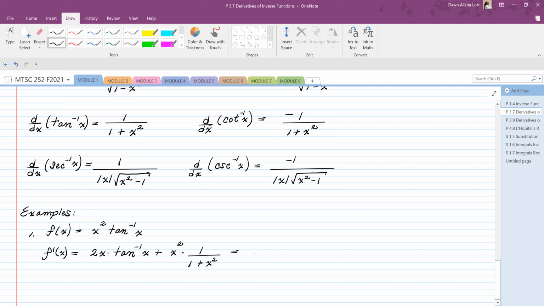So I get 2x tan inverse of x plus x squared over 1 plus x squared.